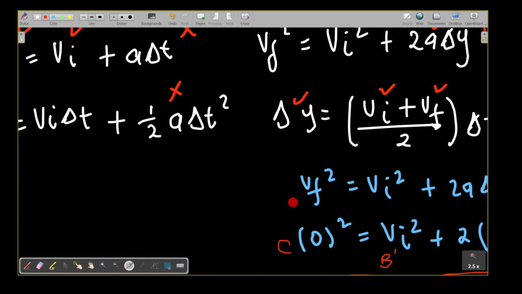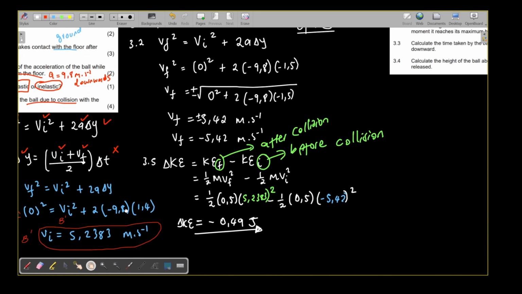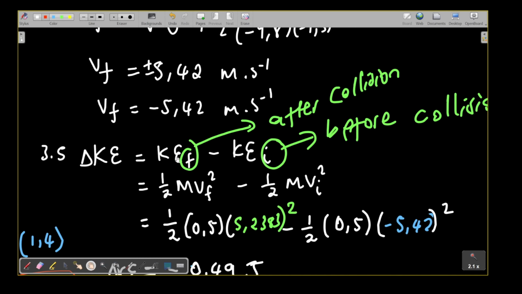That is why here we calculated the change in kinetic energy like this. After the collision, the velocity was 5,23, but before the collision, which is initial, the velocity was 5,42. This is after the collision, this is before the collision, meaning before it touched the ground, after it touched the ground.